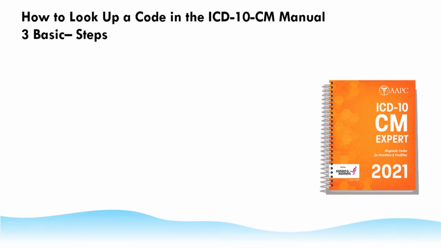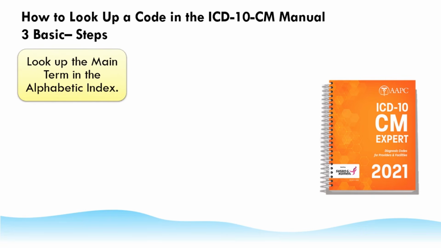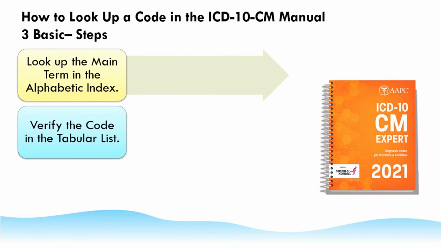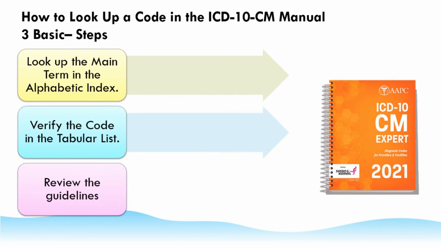Now, early on, I told you the basic steps to looking up a code. You look up the main term in the alphabetic index. You verify the code that you get from the alphabetic index in the tabular list. And finally, you review the guidelines.